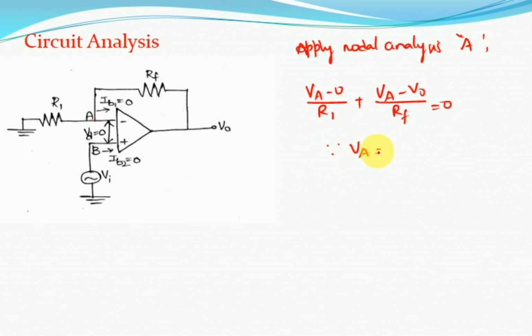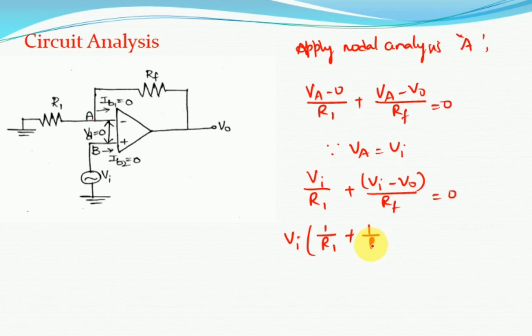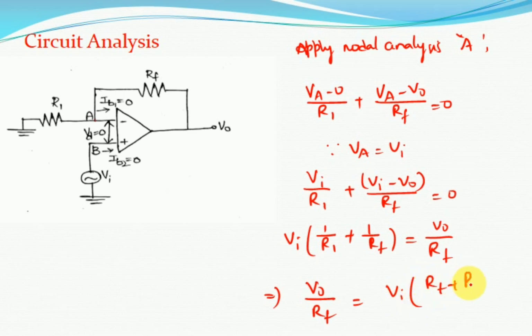Since Va is equal to Vi, substituting this in the above equation, we get Vi by R1 plus (Vi minus V0) by Rf is equal to 0. Now taking Vi common, we get Vi times (1 by R1 plus 1 by Rf) is equal to V0 by Rf. Now let us take the LCM. So V0 by Rf is equal to Vi times (Rf plus R1) by R1 Rf, and Rf gets cancelled.